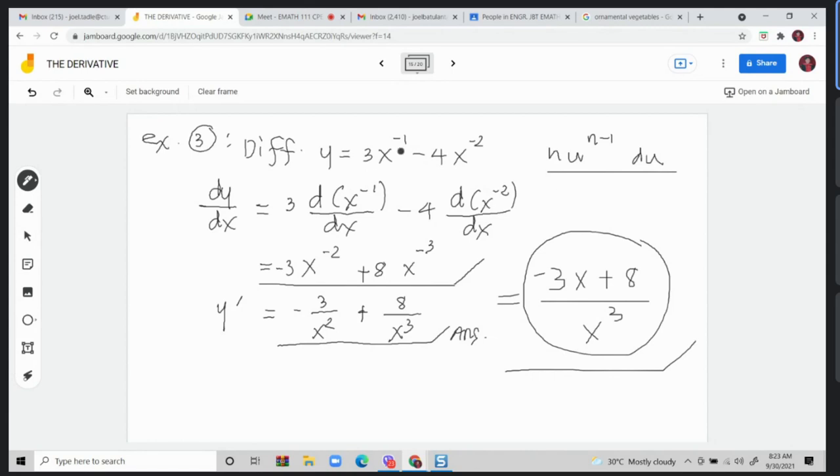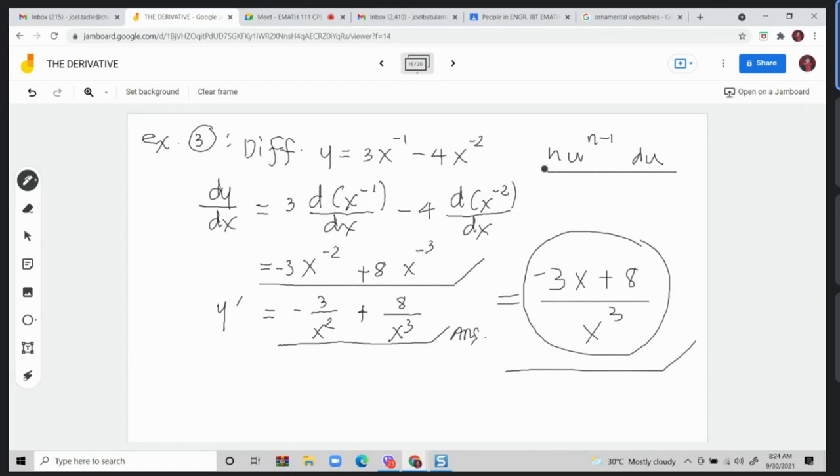Here our n is negative 1, our u is x. We follow the rule n u raised to the power n minus 1 du. The 3 is a constant, so we just copy the 3. Then the derivative of x to the power negative 1 with respect to x, then minus 4, copy, then the derivative of x to the power negative 2 with respect to x.